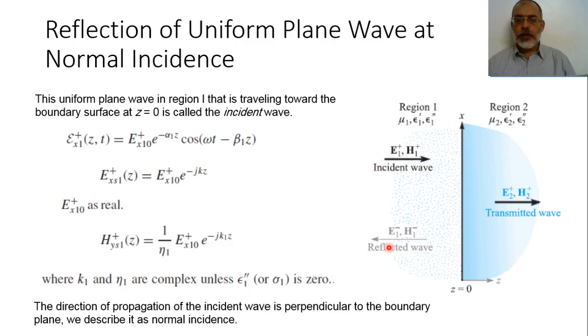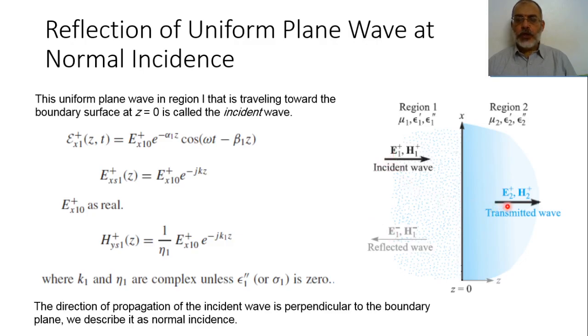So our plan is to find out E1 minus as a function of E1 plus and E2 plus as a function of E1 plus. Effectively, the ratio between the amplitude of the reflected electric field to the incident electric field, E1 minus over E1 plus, we are going to call the reflection coefficient.